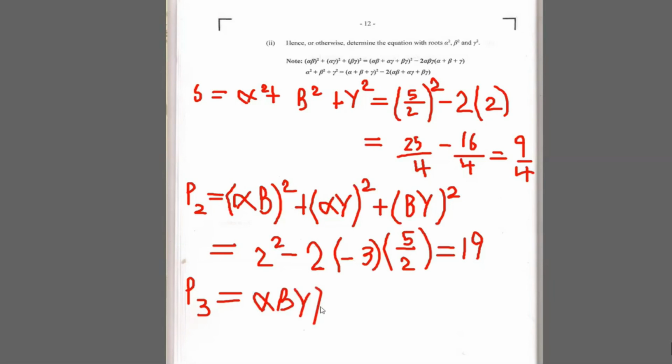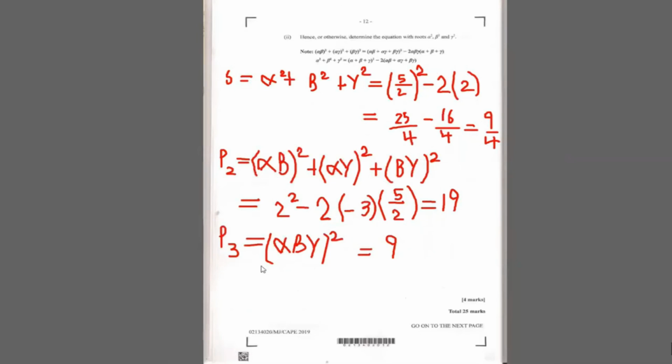Alpha times beta times gamma again is negative 3, so negative 3 squared is 9. So now we can give them the new cubic equation. Those are just workings.